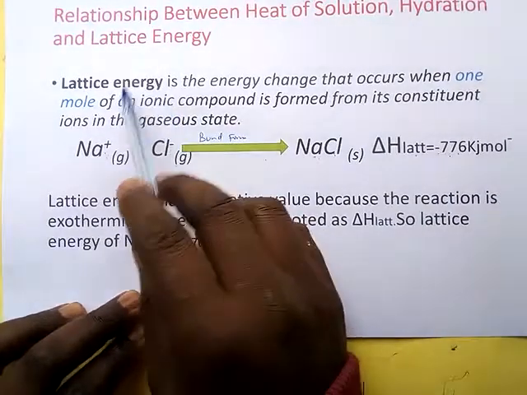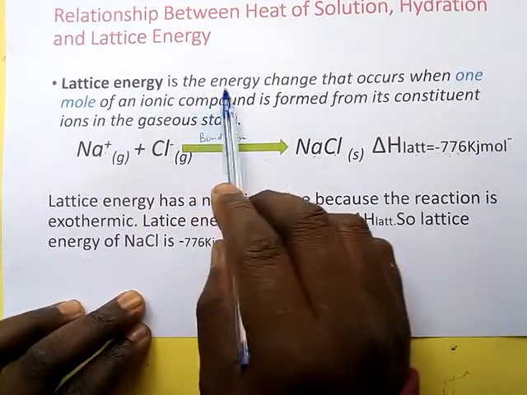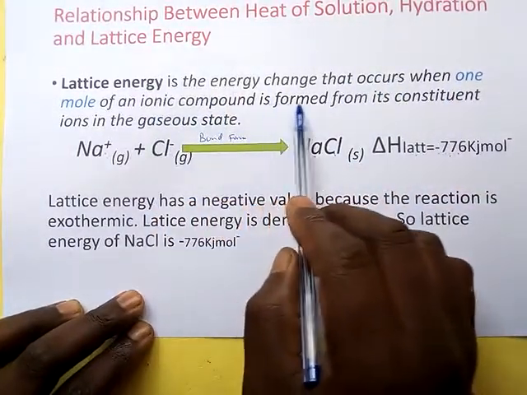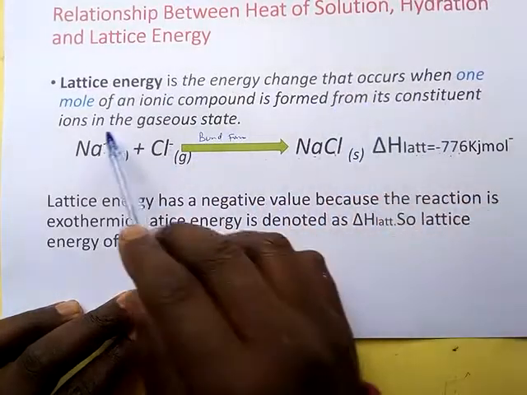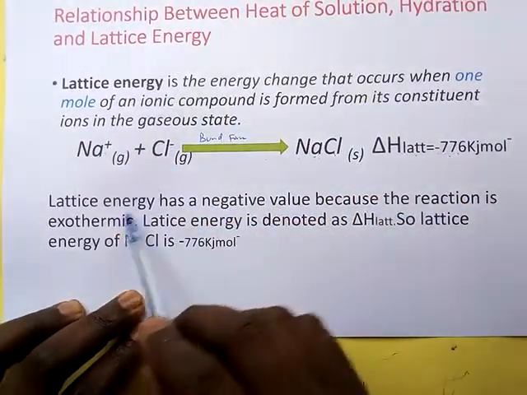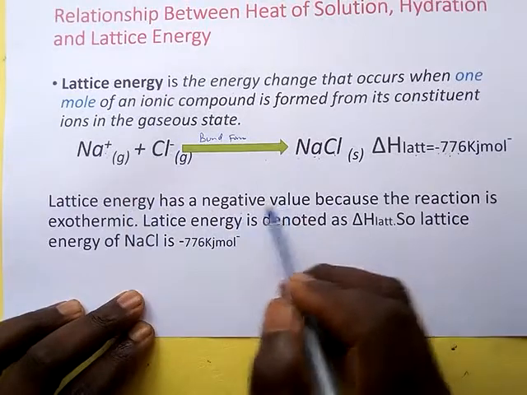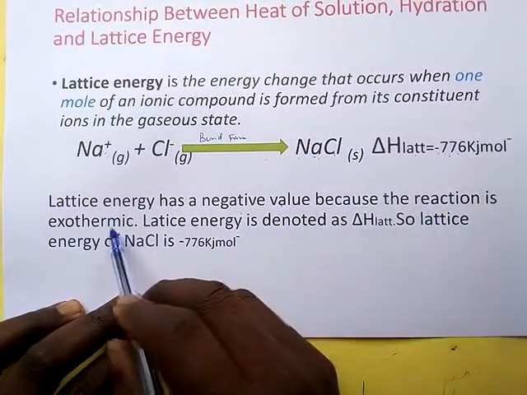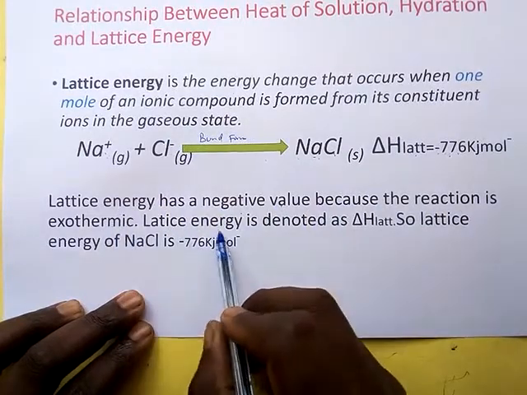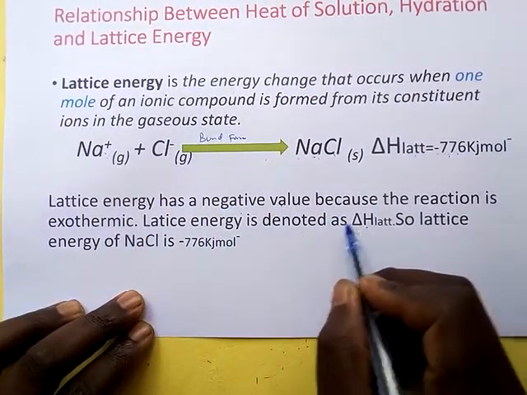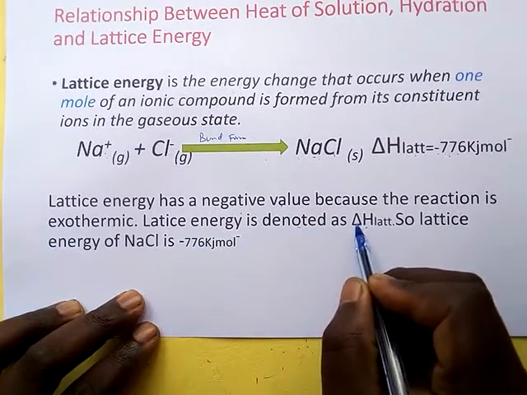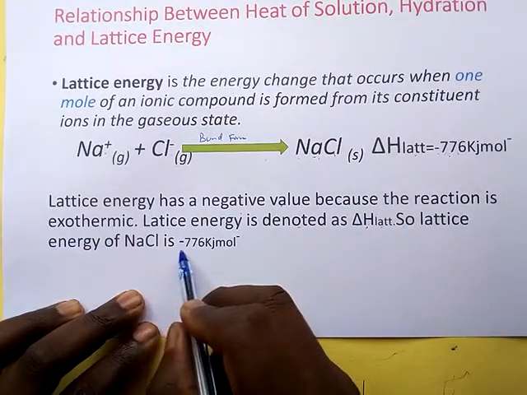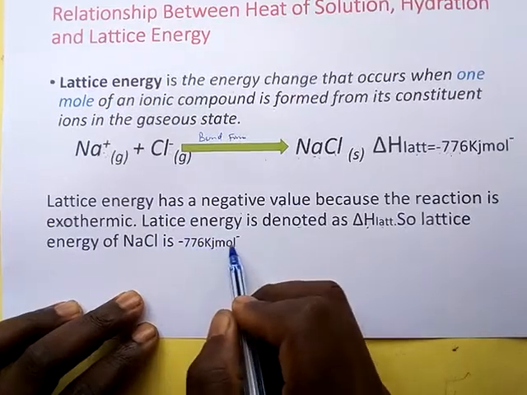So it is important to know what lattice energy is. It is the energy change that occurs when 1 mole of an ionic compound is formed from its constituent ions in gaseous state. Lattice energy has a negative value because the reaction is exothermic. We denote lattice energy by this heat change symbol, lat. So the lattice energy of sodium chloride is negative 776 kilojoules per mole.